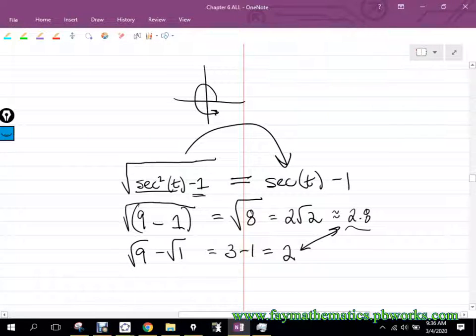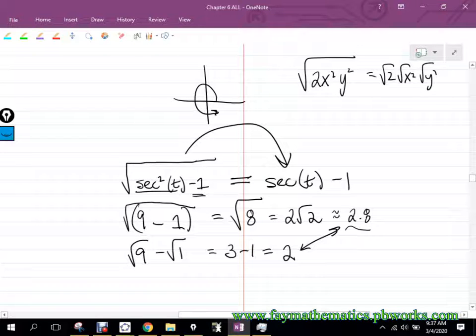We can do that with multiplication. If it was like 2x squared y squared, you guys know that you can go to x squared y squared, right? The square root of a product is equal to the product of the square roots, and that's because of the laws of exponents. But you cannot do that here, okay?